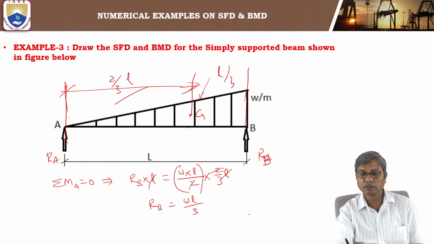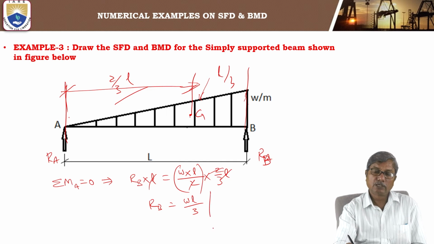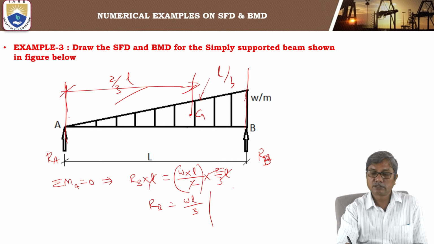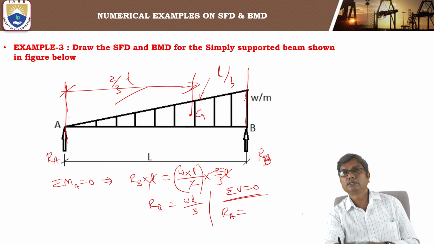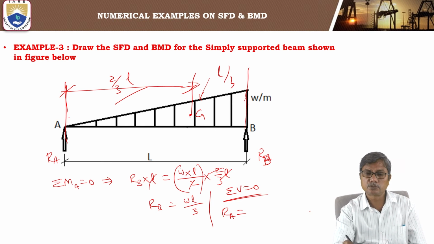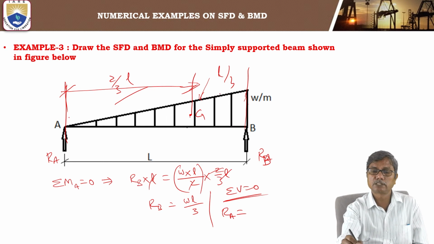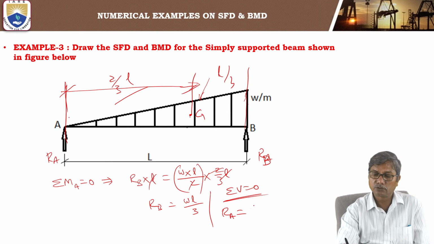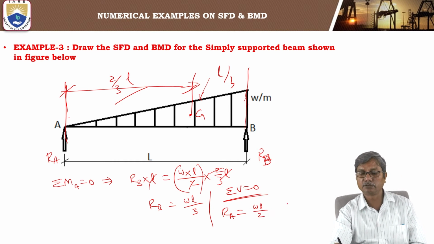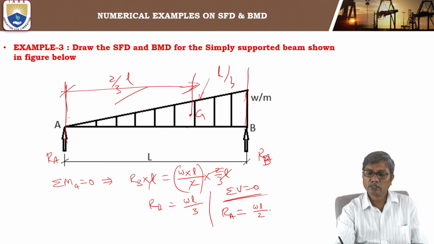And now by applying the condition sigma V equal to 0, you will get RA. RA is equal to the total downward load due to the uniformly varying load, which is WL by 2, minus RB, which is WL by 3.